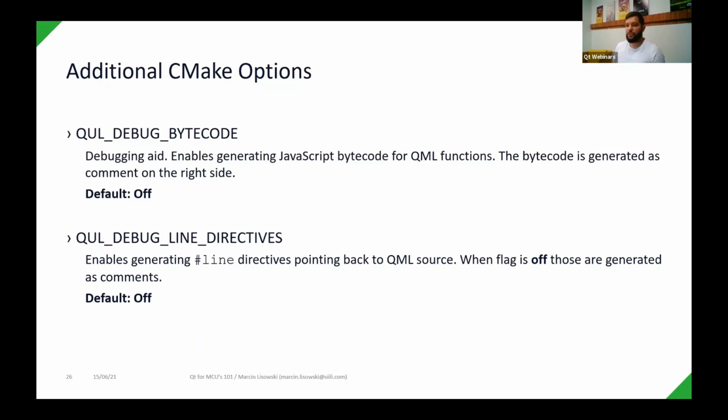And then there is also a debug line directives variable that allows you to enable generating line directives that point back to the QML source. Because all of the QML files are converted to C++ during the compilation process, your debugger will then know in which place in your QML file you should search for potential problems if you are debugging your application.